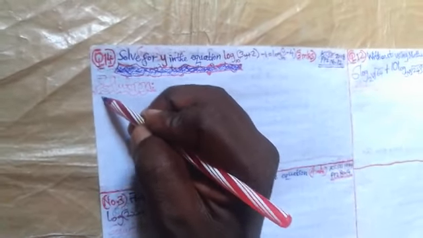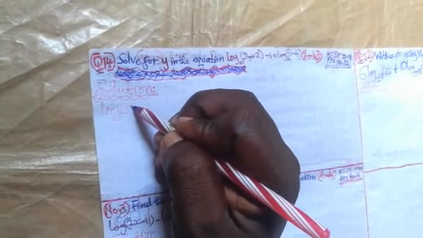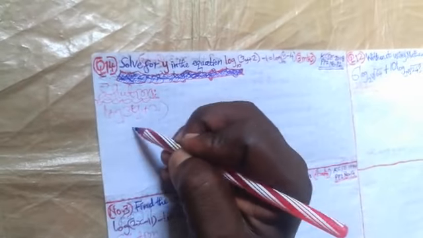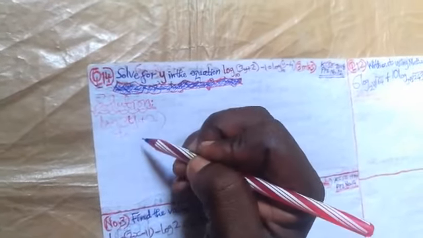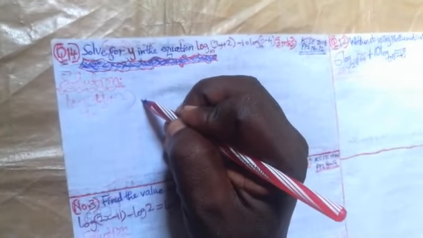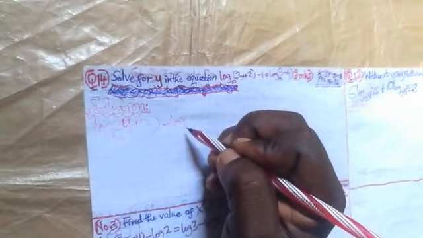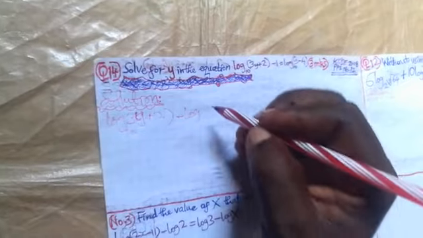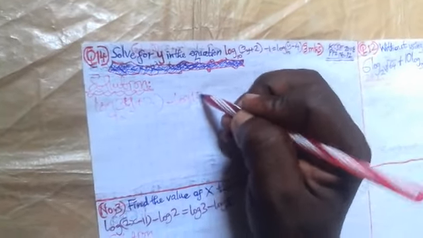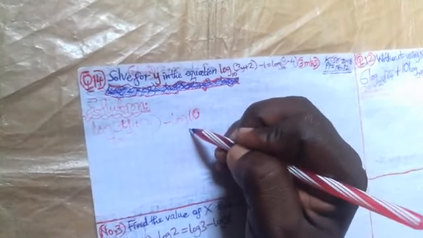Solution. This is log of 3y plus 2, and this is base 10 as indicated, minus log 1. We have seen that 1 is equivalent to log 10 base 10.